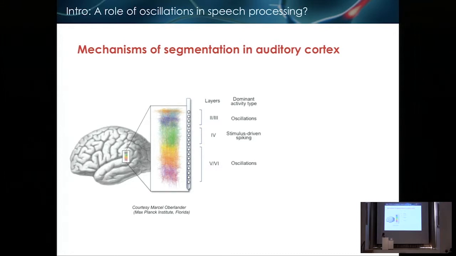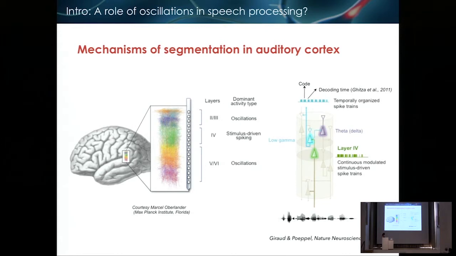Okay, so as you know, oscillations take place in specific regions of the cortex, of the cortical column, in superficial and deep layers. And with David, we tried to hypothesize a few things that are wrong. I mean, we know that, but that help us progress and think.